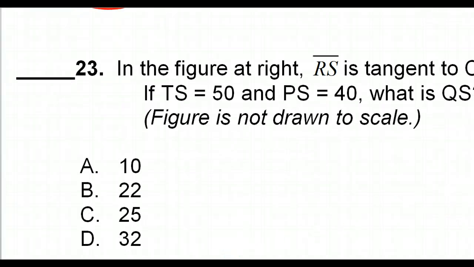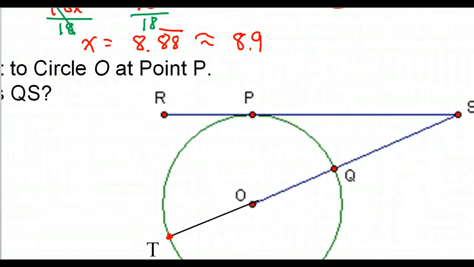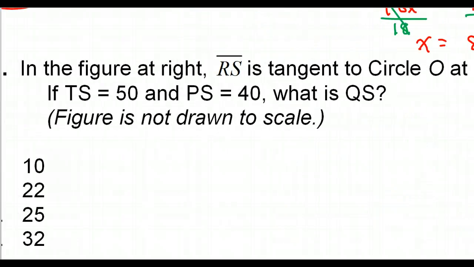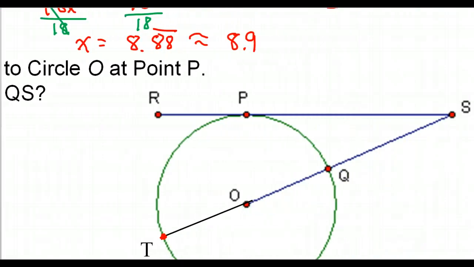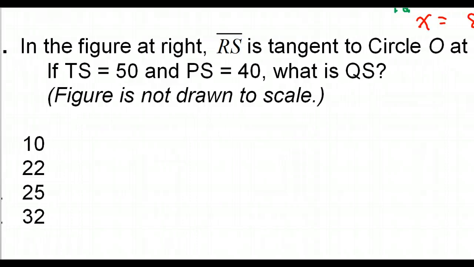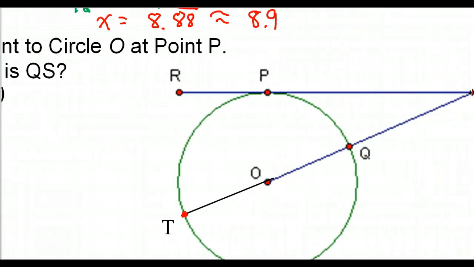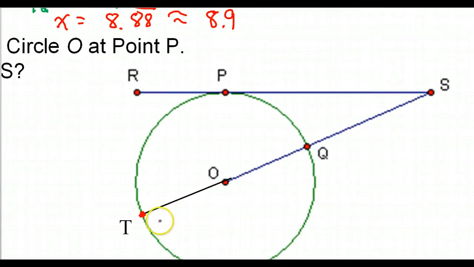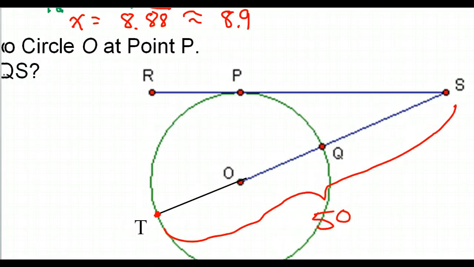Okay, let's take a look at number 23. What is going on here? So we have that TS is 50. So let's mark these things on the figure. TS is 50, okay. So that means this entire thing, like this, that whole thing is 50. Good to know.